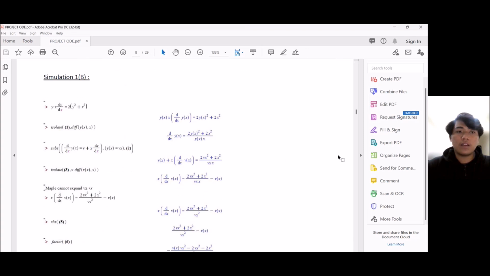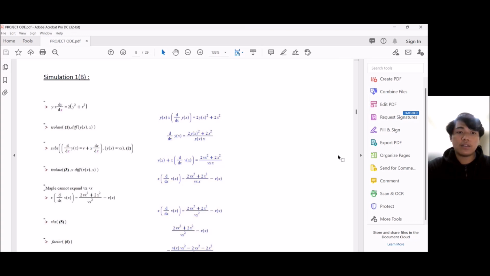For the simulation B, the question is yx dy over dx equal to 2 multiplied by y power of 2 plus x power of 2. After I bring the yx to the right side, so it will be dy over dx equal to (2y power of 2 plus 2x power of 2) over yx.